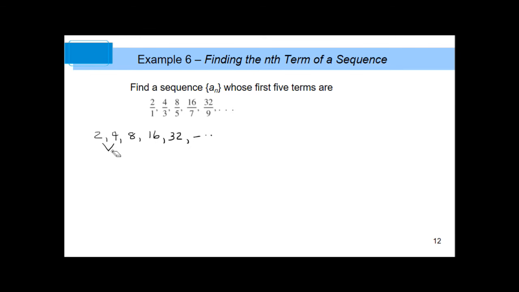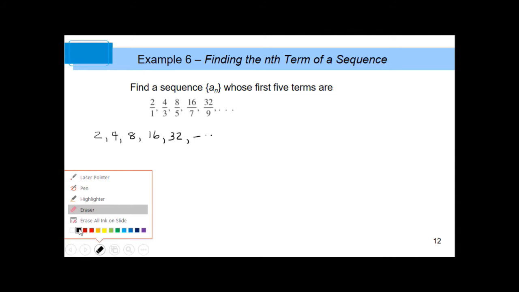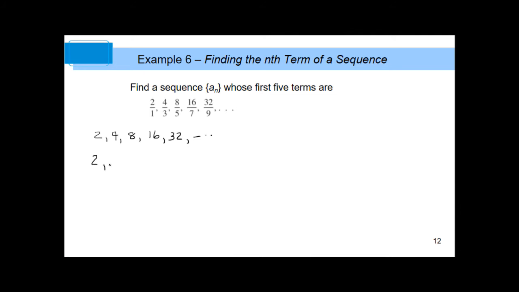These are doubling, actually, each time. We started with 2, and then we had 2 times 2, and then that number doubled, and then that number doubled. So each time the number of factors of 2 is increasing. So you could think of this as 2 to the first, 2 to the second, 2 to the third, 2 to the fourth, 2 to the fifth, and so on.